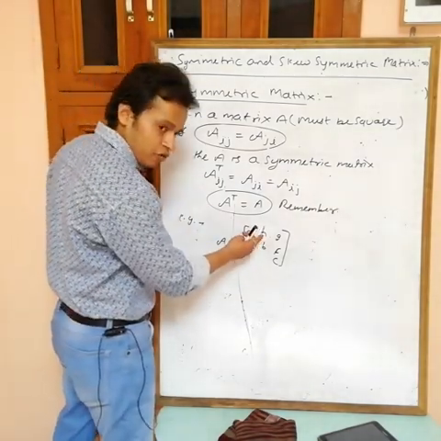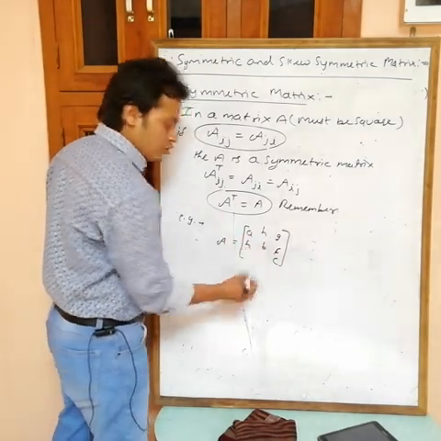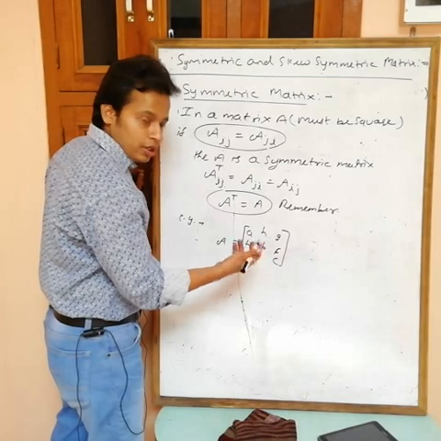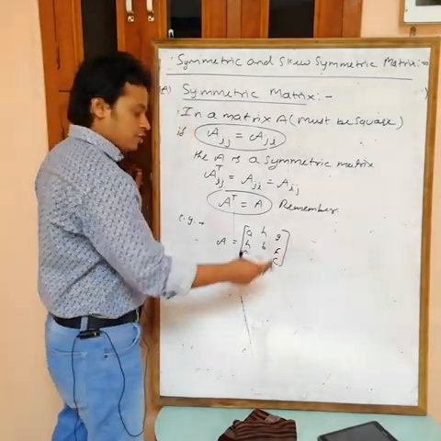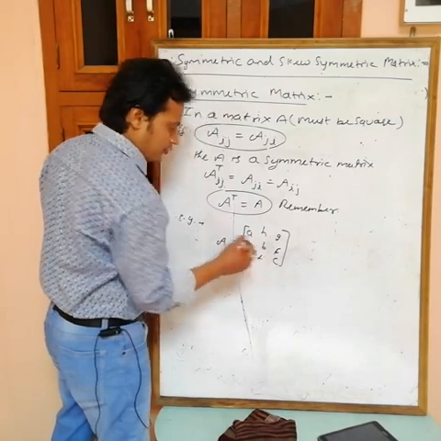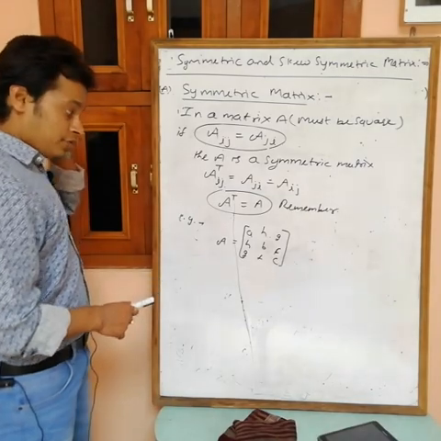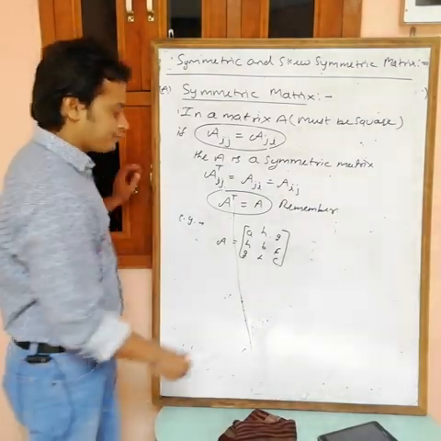This is the 1/2 element, then 2/1 must be H. This is the 1/3, then 3/1 must be G. This is the 2/3, then 3/2 must be F. So ABC, FGH and FGH. Now this is the symmetric matrix.